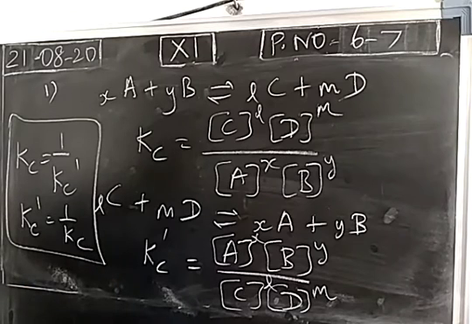If the process is a dissociation, it is called the dissociation equilibrium constant. So always these two equilibrium constants are inversely related, one is the reciprocal of the other. So this is the first problem.